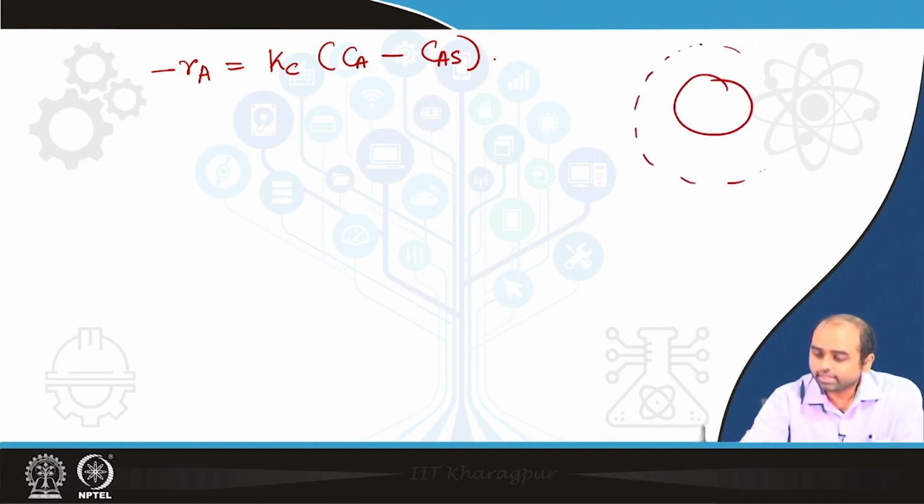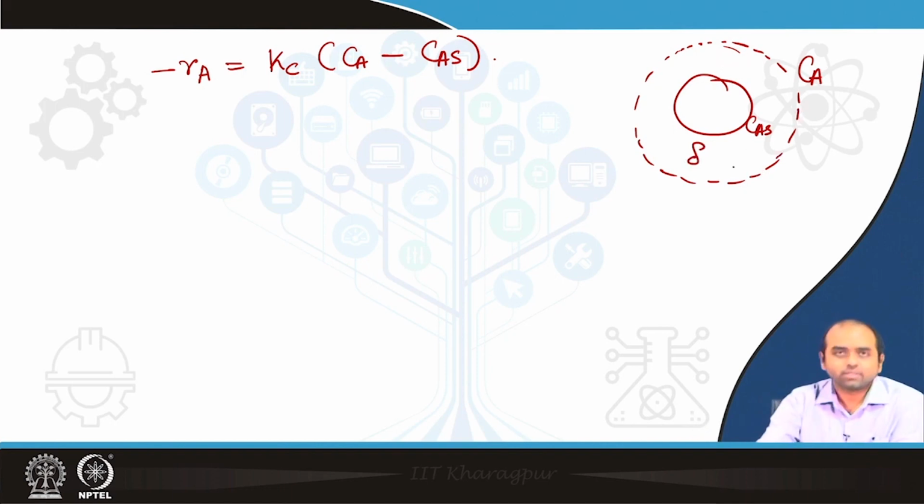This C A S is the surface concentration, and C A is the bulk concentration away from the particle surface, which is the bulk concentration in the packed bed, and the thickness is delta. You can write this mass transfer coefficient as D by delta, based on the thickness of the boundary layer. That is how the film theory approach actually works.